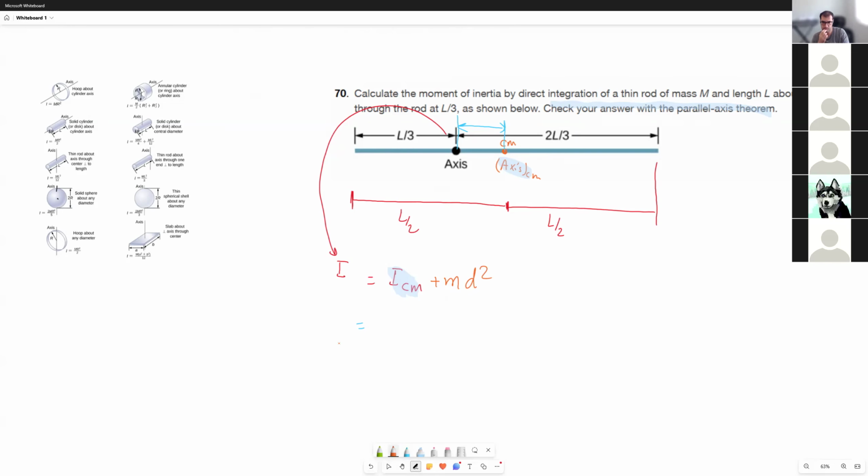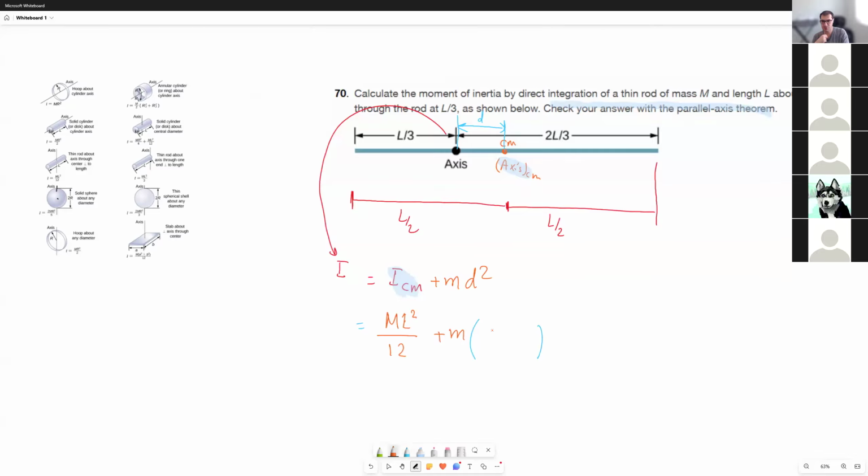ML squared over 12. Exactly, ML squared over 12 plus m. What is the distance between the two axes? L over 2 minus L over 3. Exactly.